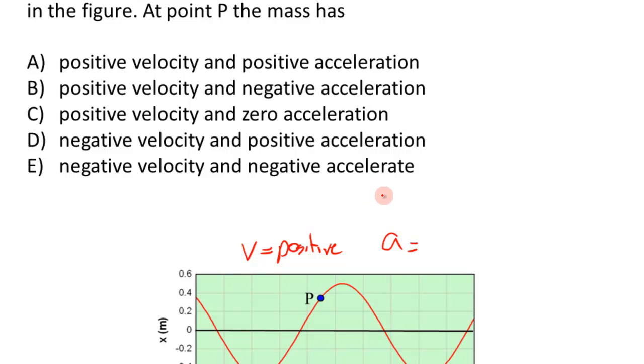So if you displace it in the positive direction, there's going to be a restoring force in the negative direction. And the restoring force is going to result in an acceleration from F equals ma. This means for a positive displacement from the equilibrium position, you're going to get a negative acceleration. So positive velocity, negative acceleration.